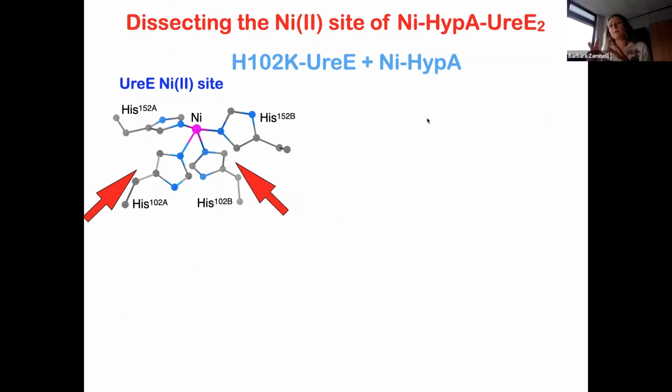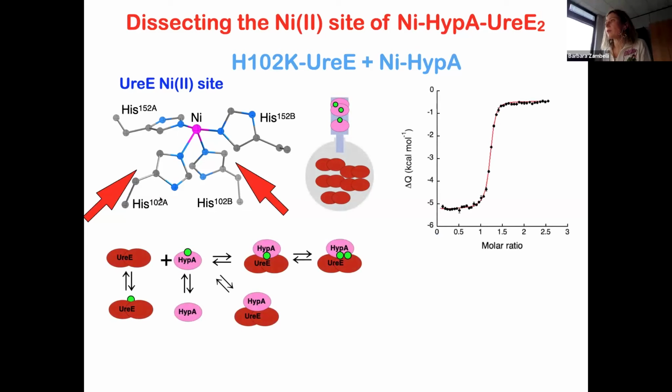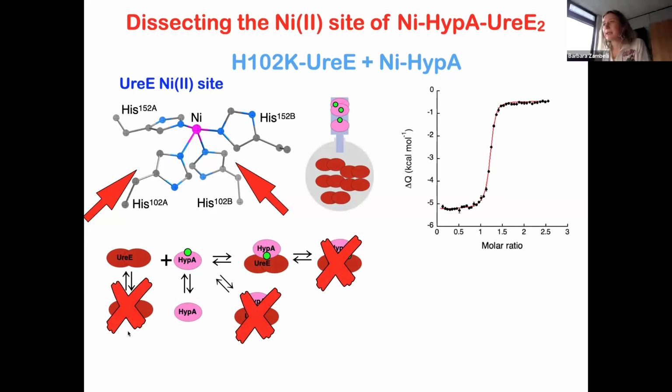To understand which residues are really involved in this binding, we mutated the histidine residues involved in nickel binding in urease. Again we did the titration, and we observed this curve that could be fitted deleting these equilibria, because urease, in the absence of this histidine, doesn't bind nickel anymore, as we know from the single titration, and the two proteins, urease and HypA, don't interact in the apo conditions.